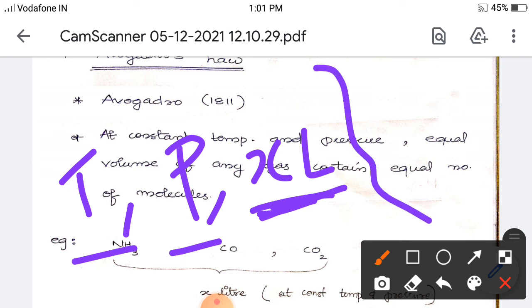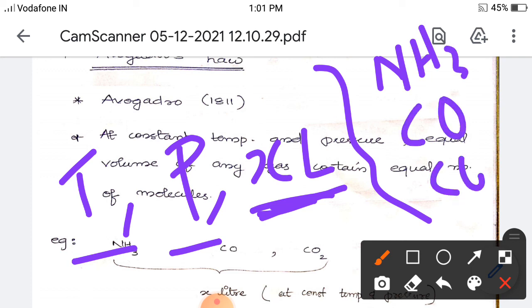X liter of ammonia, carbon monoxide and carbon dioxide. If you are considering this example, ammonia, carbon monoxide, carbon dioxide, X liter of all these gases at constant temperature and pressure contain equal number of molecules.